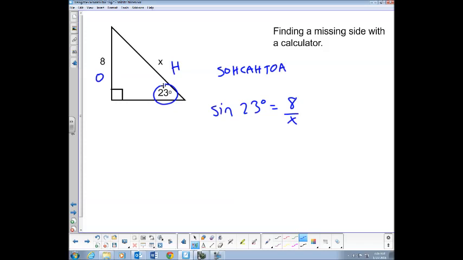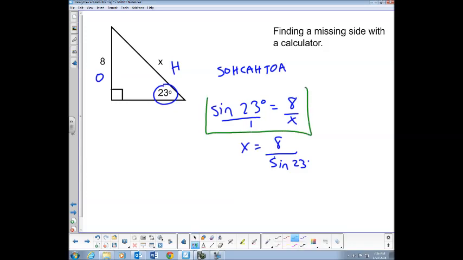We learned in a previous lesson that we can interchange these extremes here. And so x is equal to 8 divided by the sine of 23 degrees.